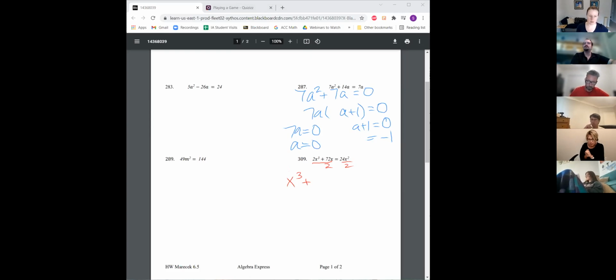Oh, wait, I thought you said you divided both sides by 2. You can divide both sides by 2 if you want to. I ended up with 2x and then in parentheses, x squared.